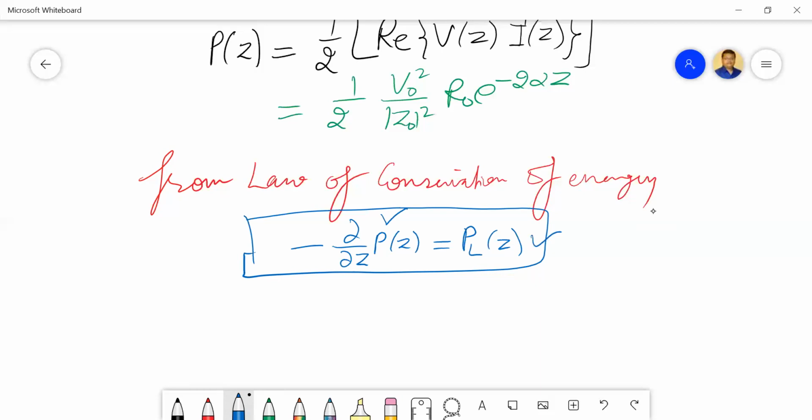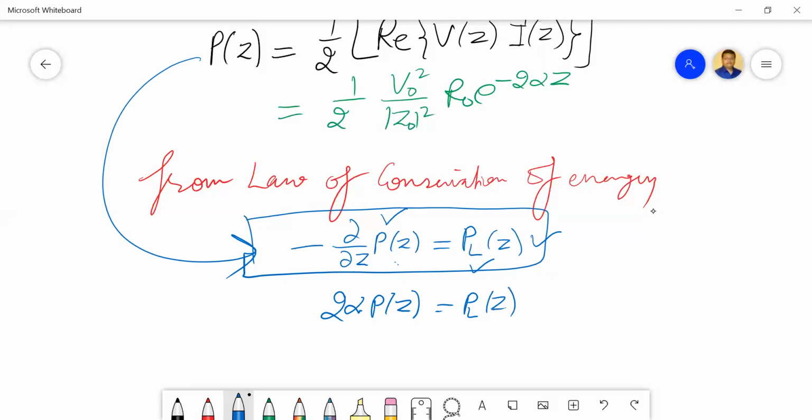I'm again repeating this: the rate of decrease of Pz with distance along the line equals the time average power loss PLz per unit length. If you use this outcome here and differentiate, you get 2 alpha Pz equals PLz.